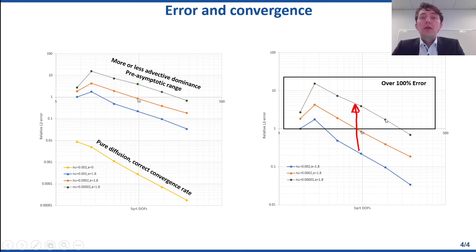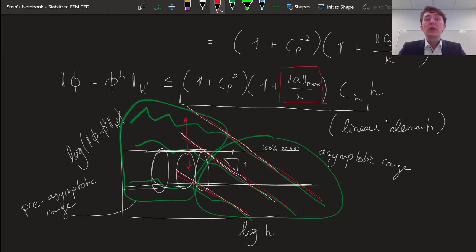And our objectives are partly going to be, okay, so the first thing that we want is for any method to make sure that in the asymptotic range, they have the optimal convergence rates. So that is this relation with h. For linear elements in H1, my optimal convergence rate is simply multiplication by h.